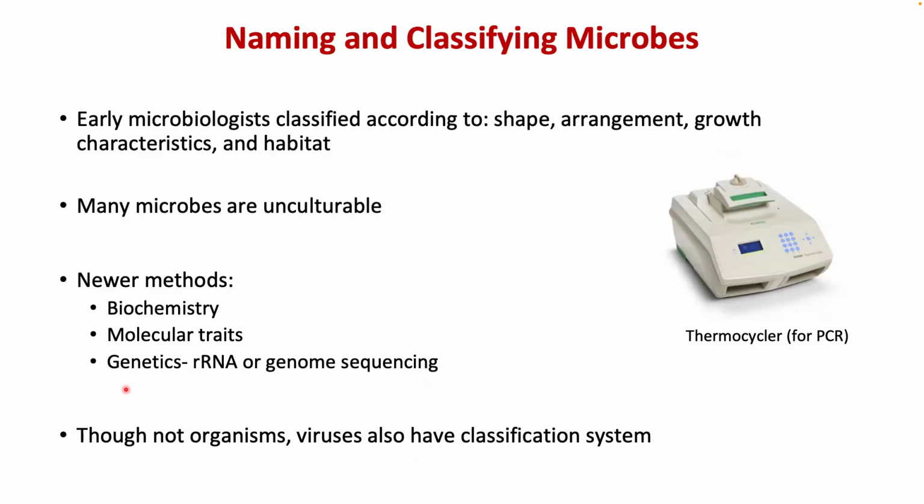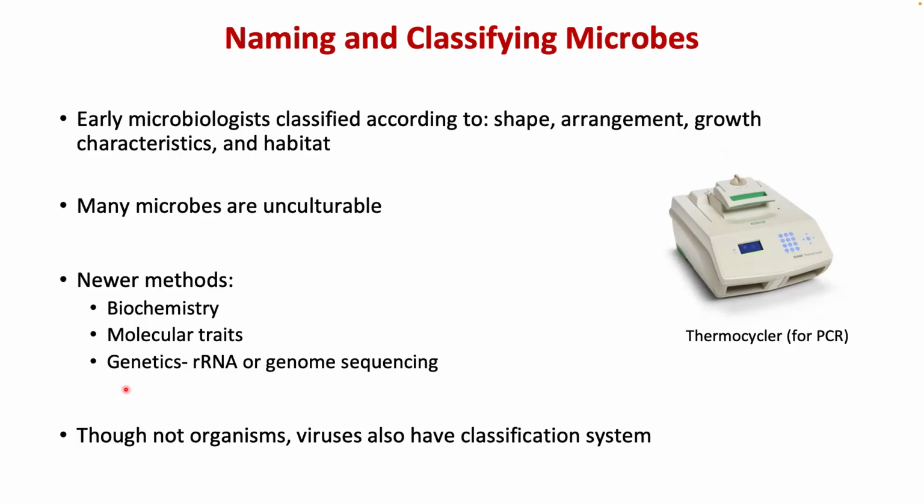Since we have different groups or subsets of microorganisms, scientists needed a way to classify them, to identify them and talk about them. Early microbiologists classified them by shape, arrangement, growth characteristics, and habitat. There was also a disadvantage in this method because many microbes were unculturable. If you can't culture them, you can't see how to study their characteristics.